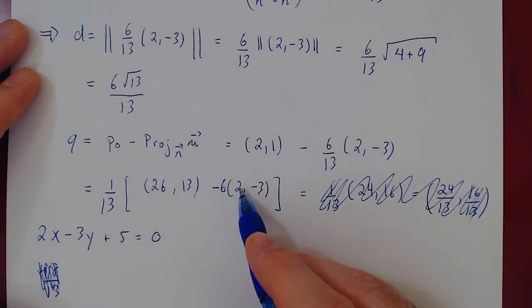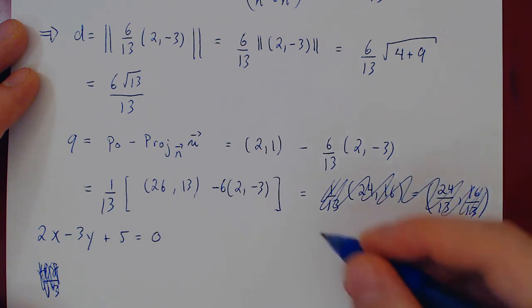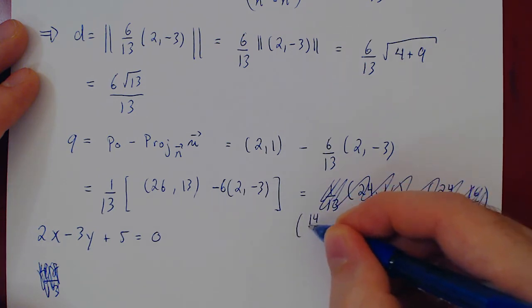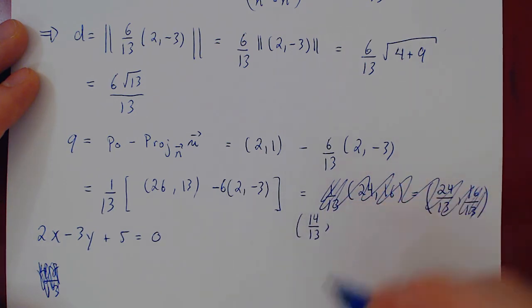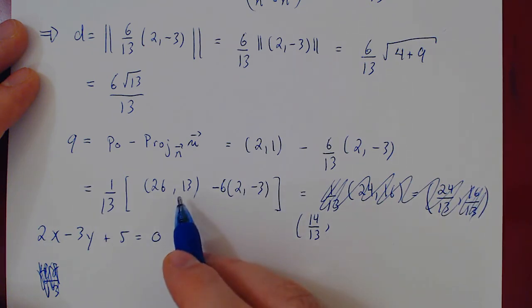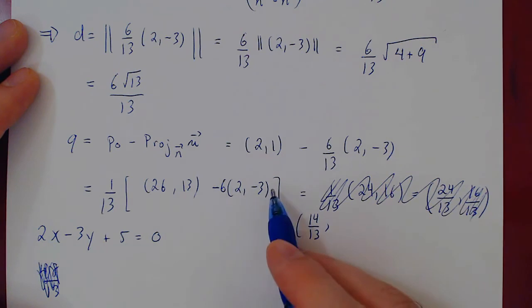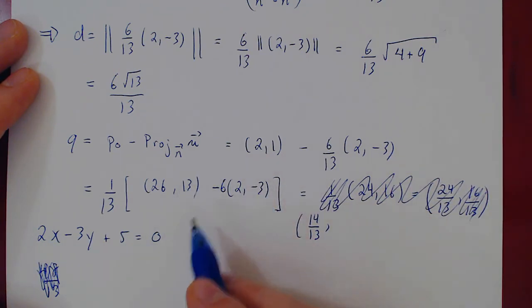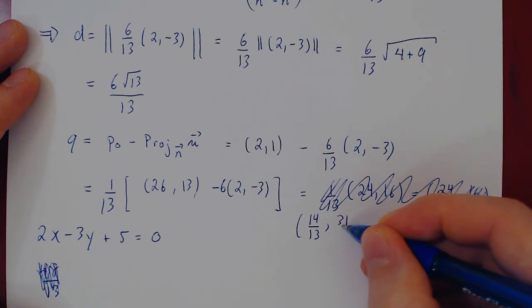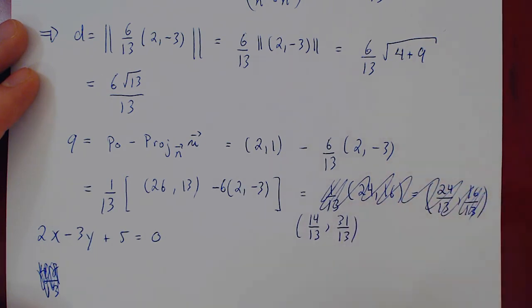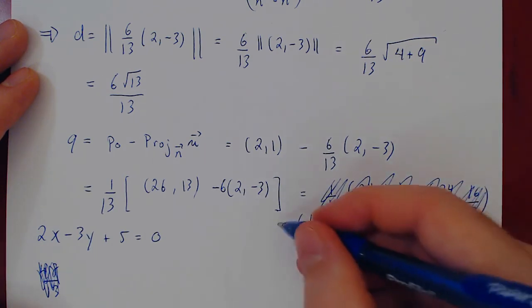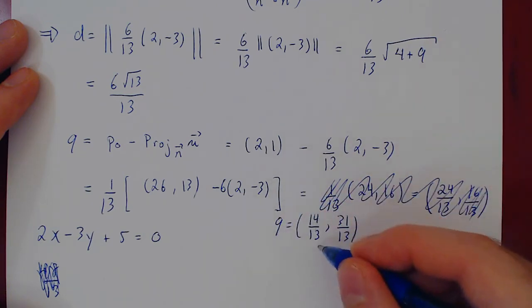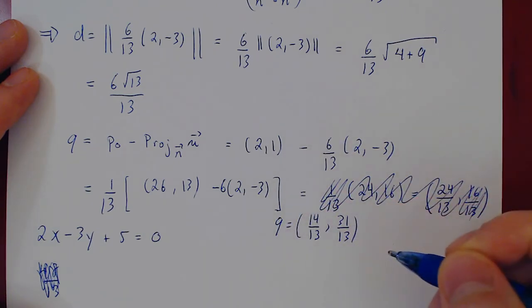That will give us 14 over 13. And 13 minus 6 times negative 3 is plus 18. 13 plus 18, that's 31 over 13. Now we're talking. So the point Q is 14 over 13, 31 over 13.